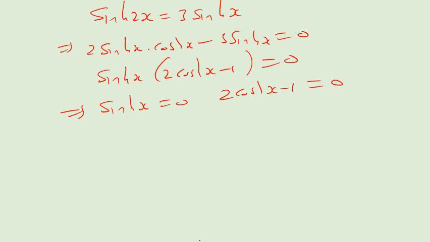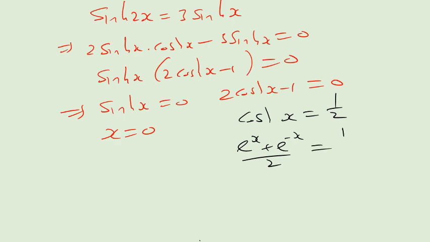Got that? That's pretty straightforward. Sinh x equal to 0, we know that x is 0. You can check that out. The other one gives cosh x equals a half. Beautiful. (e^x + e^(-x))/2 equals that.